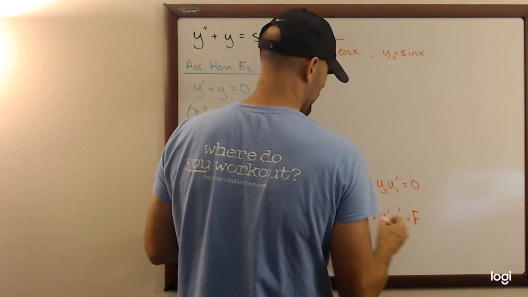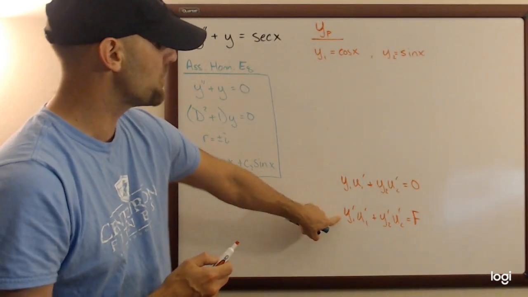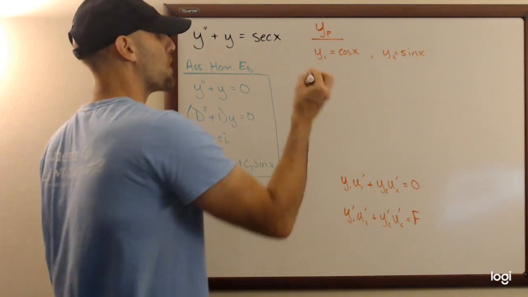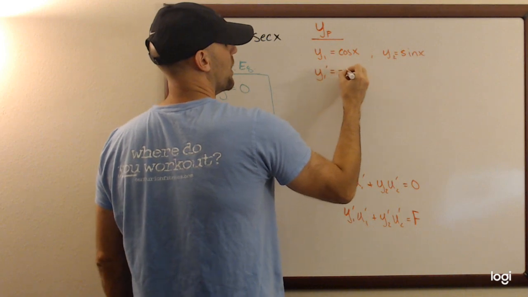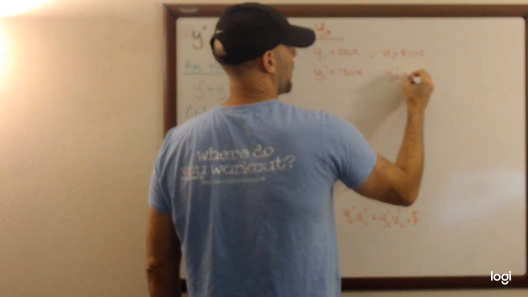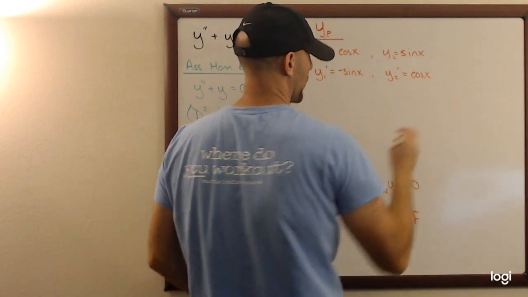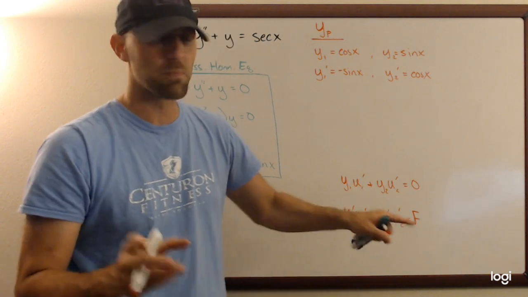That's my non-homogeneous portion there. Okay, so you'll note that to fill this out, I actually need my derivatives. I need y1 prime and y2 prime. Let me go ahead and find those. So I got y1 prime is negative sine x, and y2 prime is cosine x. Okay, fantastic. All right, so knowing this, I can then fill in this particular system.